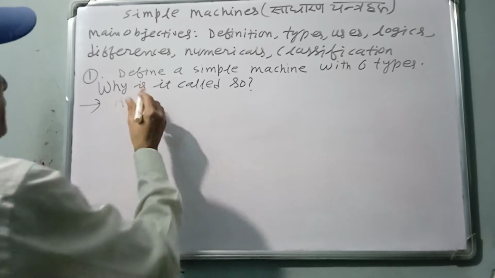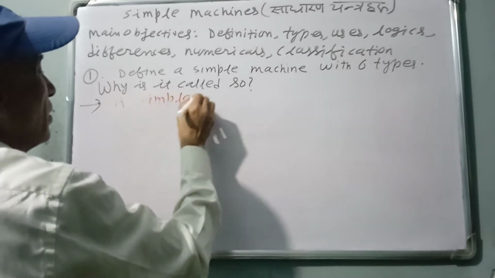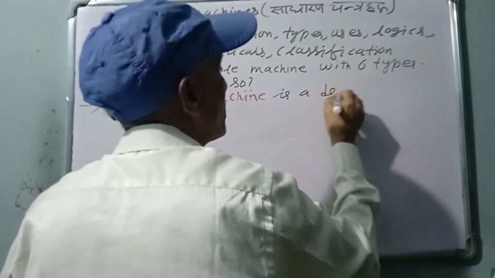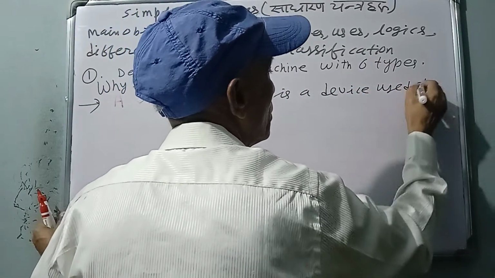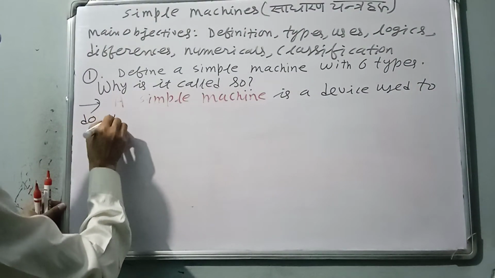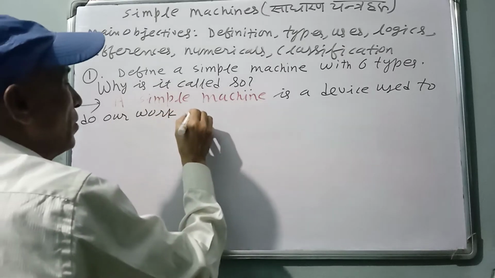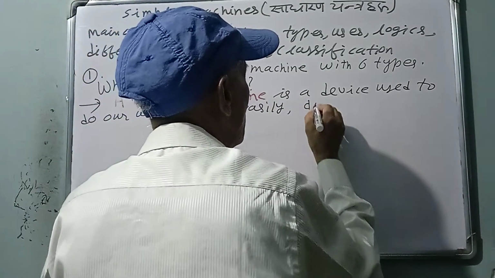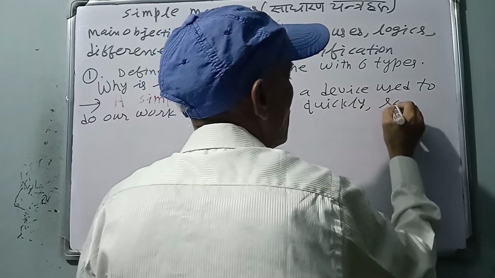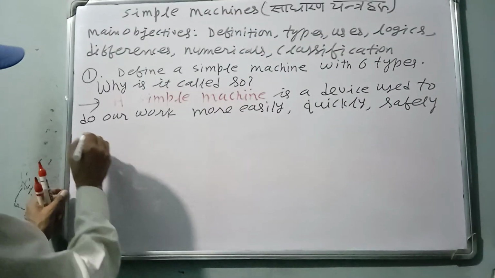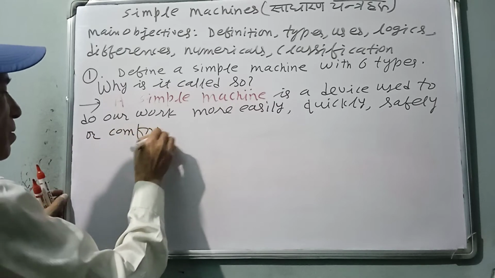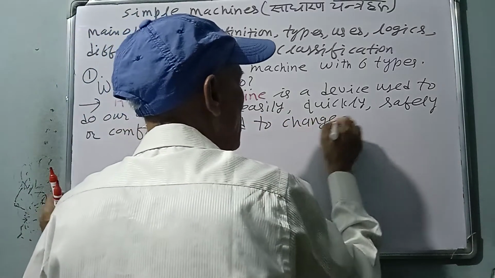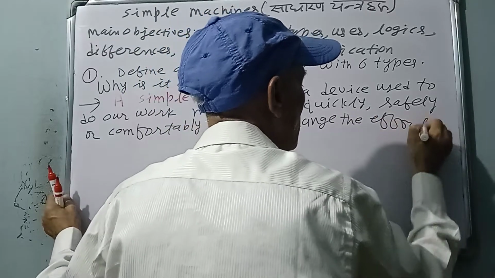A simple machine is a device used to do our work more easily, quickly, safely, or comfortably, and to change the effort direction.